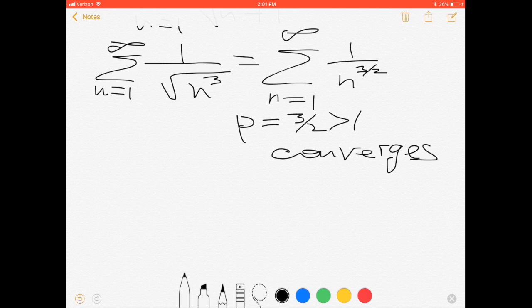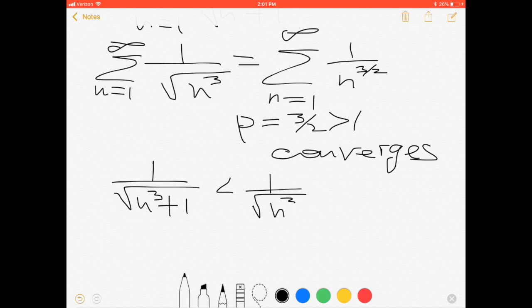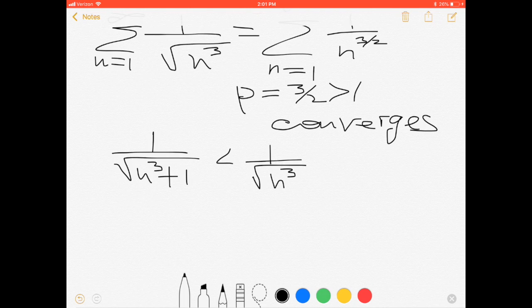Okay, now we try checking our inequality. 1 over the square root of n cubed plus 1 is less than 1 over the square root of n cubed. I write it this way: the square root of n cubed plus 1 will be greater than the square root of n cubed.